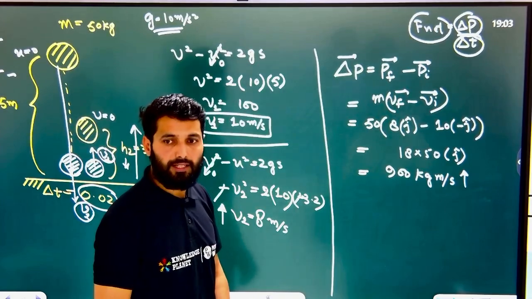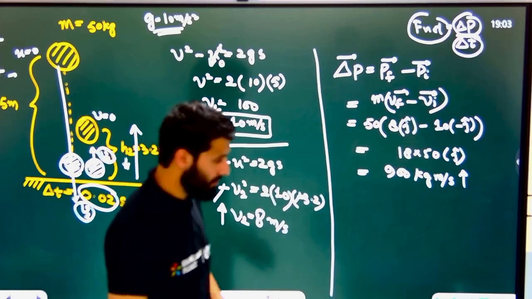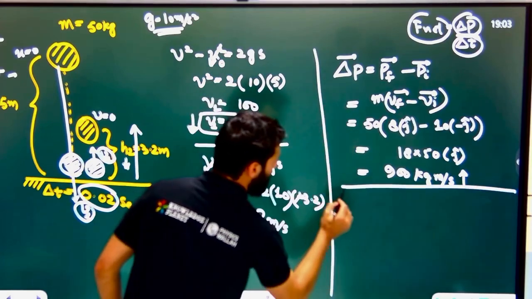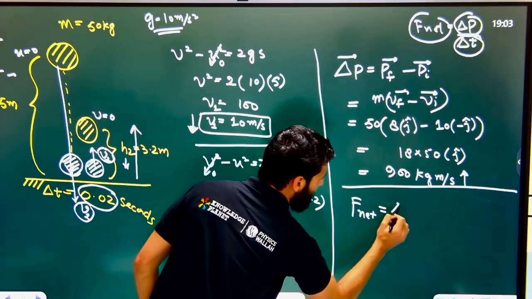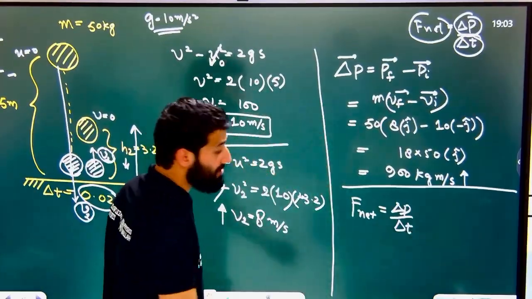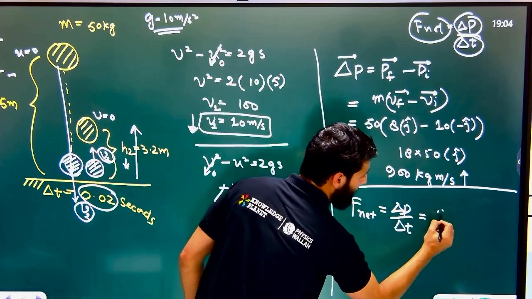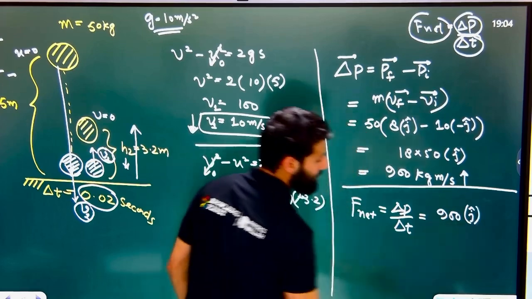Now let's calculate the net force. Can we calculate the net force? The net force, or the average force, will be equal to the change in momentum divided by the change in time. What is the change in momentum? 900 j cap. Divided by time.